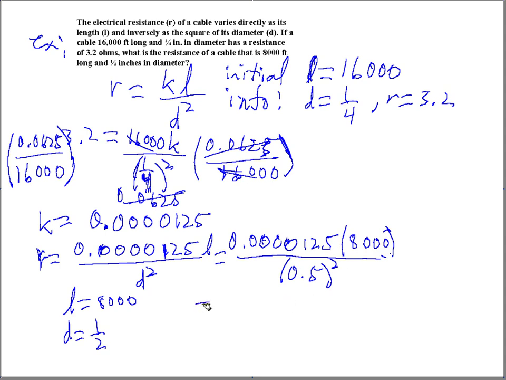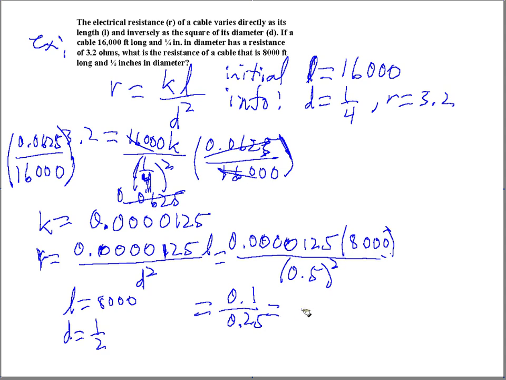I'm just going to punch it on the calculator to get that. So that's 0.0000125 times 8,000. It's going to be 0.1 on top, divided by 0.5 squared. It's going to be 0.25 on the bottom. So that's going to be 0.1 divided by 0.25 equal to 0.4.